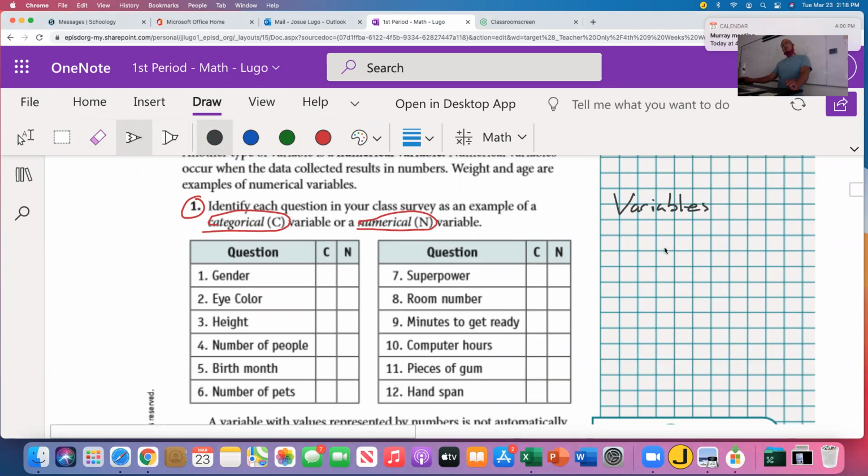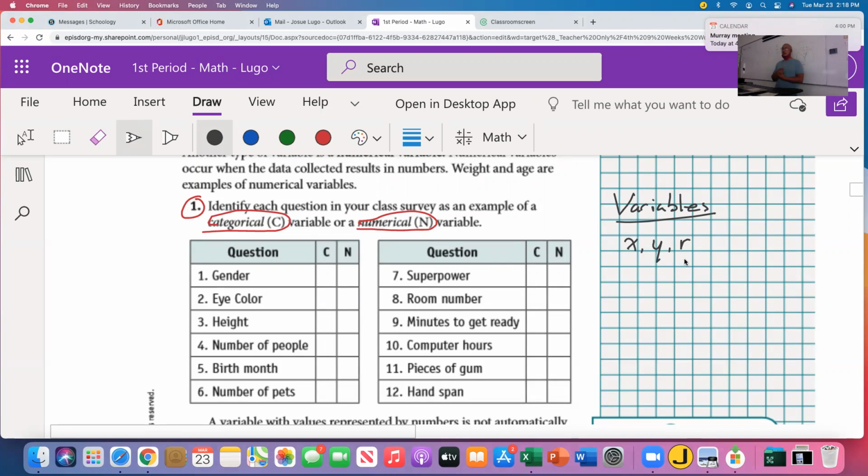Now when we think about variables, based on what we've seen in this class so far, you might think of a letter or a symbol that we use to represent an unknown quantity, like the variable X, or we can have Y. Or maybe if I were to ask you, at a carnival, how many rides would you go on? That would depend on the person, right? Because that's going to change from person to person.